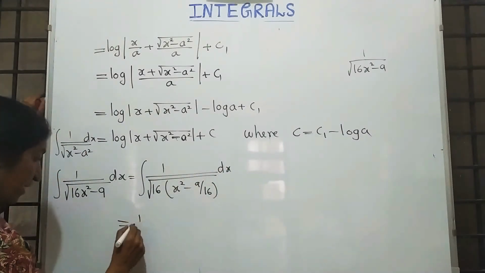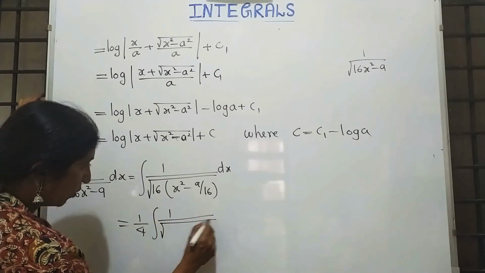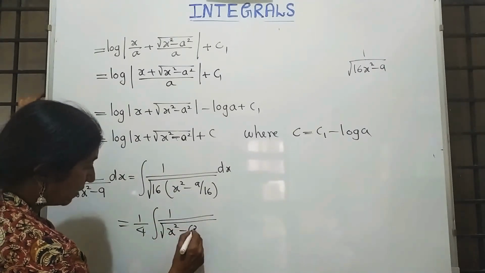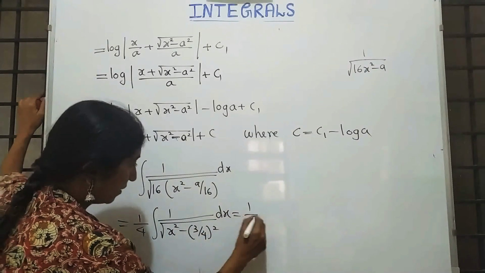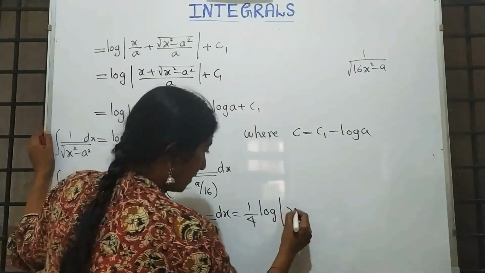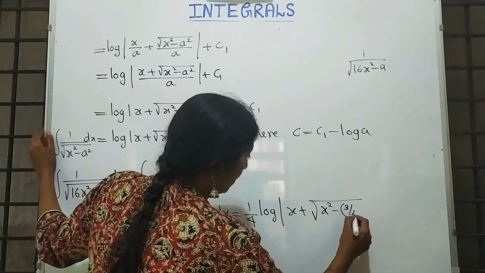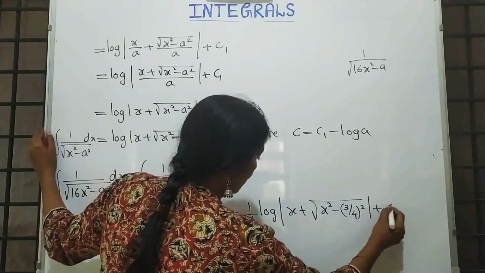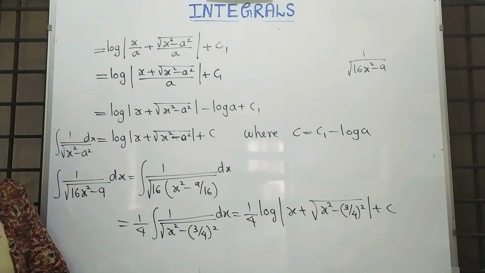Square root of 16 is 4. 1 upon root of x square minus 3 by 4 whole square into dx. This is 1 by 4 log of x plus root of x square minus 3 by 4 whole square plus c. And no need to further simplify, because it is not necessary. If you write the formula, it's enough.